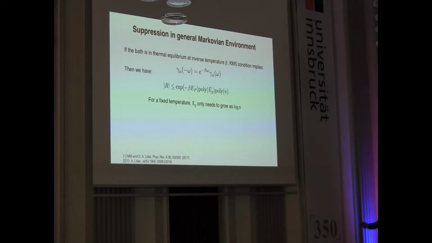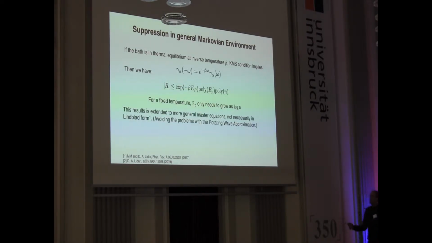Just plugging in, we can easily see that the excitation rate gets exponentially suppressed, up to some polynomial corrections. Again, the message here is that with increasing the size of the system at a constant temperature, the energy penalty EP that I have to provide just goes logarithmically in n.